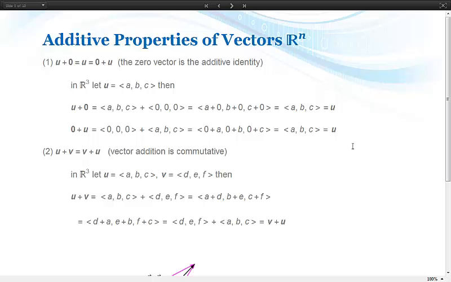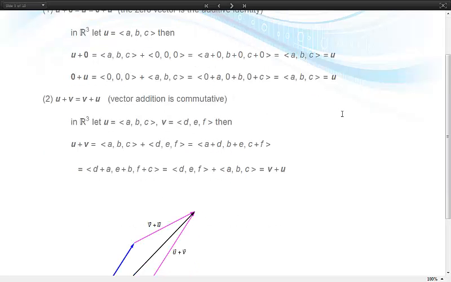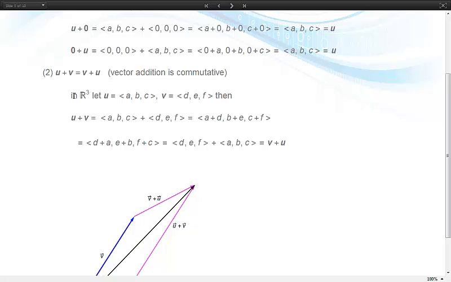One that's not quite so obvious is that vector addition is commutative. That is, if I add u plus v, I get the same answer as adding v plus u. Again, in any dimensional space. But let's look at the proof in three-dimensional space. I let u have the arbitrary elements a, b, c, and v have the elements d, e, f.